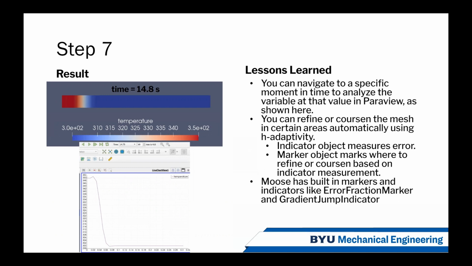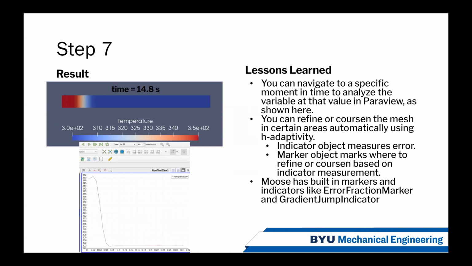So what we learned from that was that you can refine or coarsen the mesh in certain areas automatically using H adaptivity. And in order to do that, you need indicator objects and marker objects. Indicator objects measure error, and marker objects mark where to refine or coarsen the mesh based on the indicator measurement.